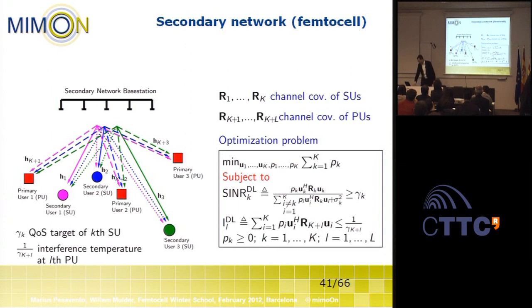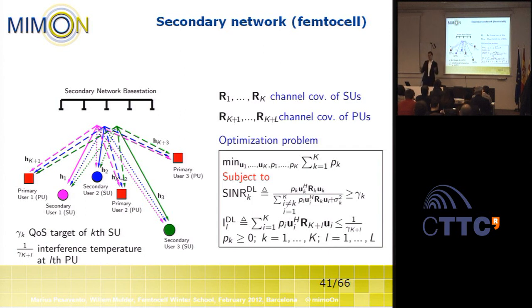So there's a major problem in this formulation, because on top of the channel information for our femtocell network, we should also know the channel covariance matrices of the macrocell. And this is, of course, a challenging task to acquire this information.